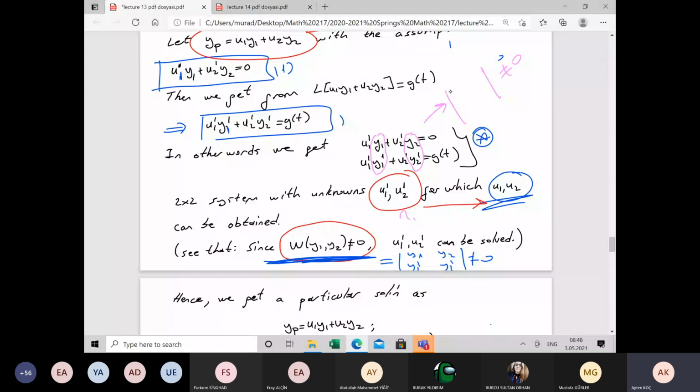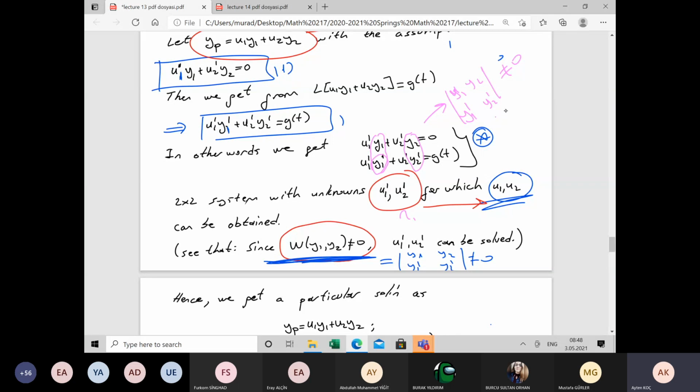Means the coefficient of u1 prime is y sub 1, the coefficient of u2 prime is y sub 2, and in the other equation, the coefficient of u1 prime is y sub 1 prime, and of u2 prime, y sub 2 prime. So this one should be non-zero.